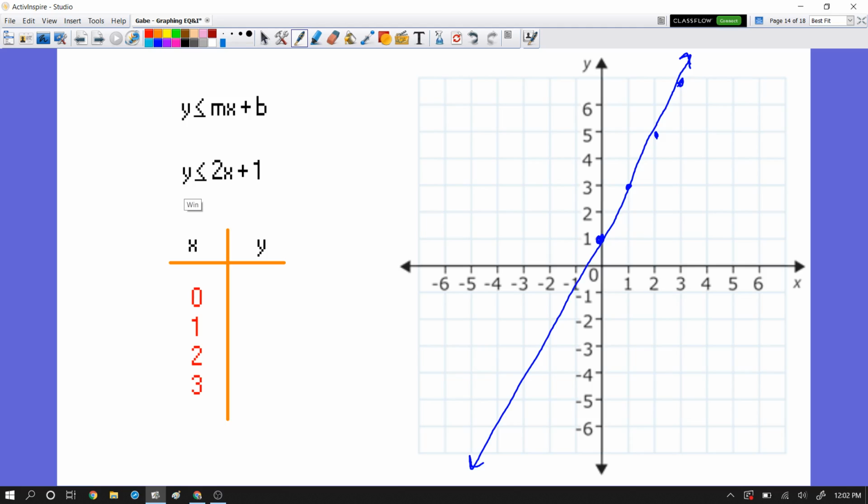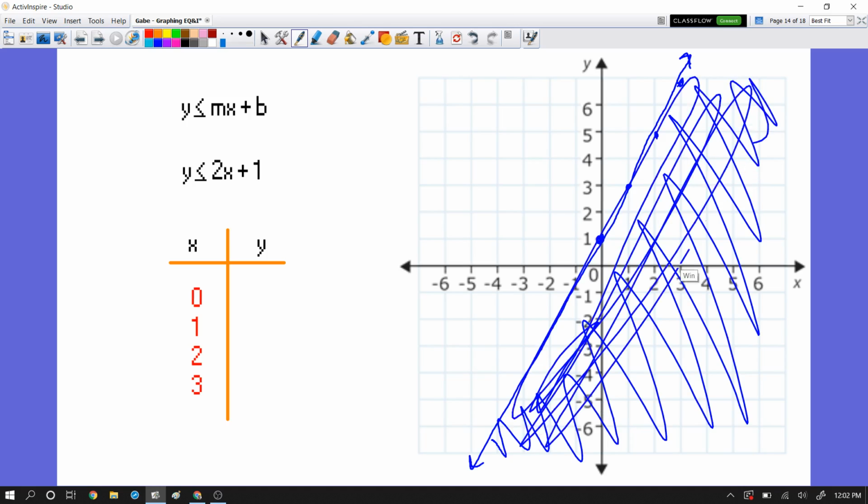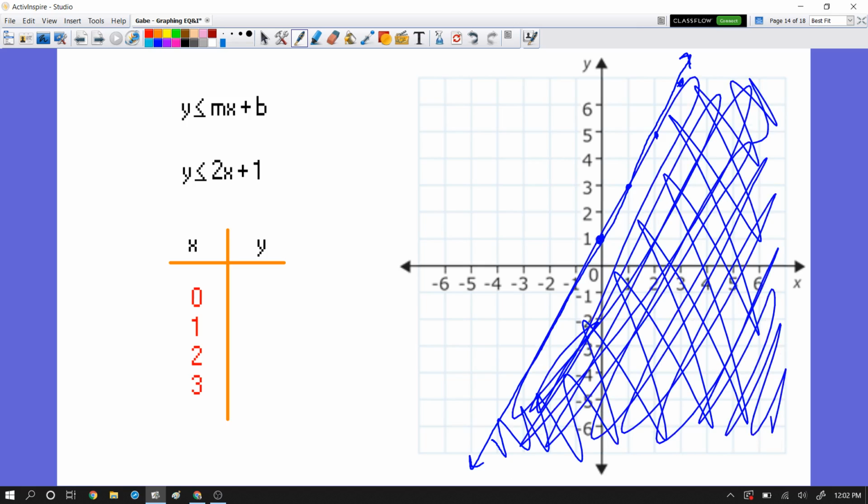So, and this is why I was telling you, you need to know what the symbols are when you're reading them. Y is less than or equal to, so solid line, everything that's less than the line is going to be beneath it. Okay? So anything in this area right here, any coordinate, makes this true.